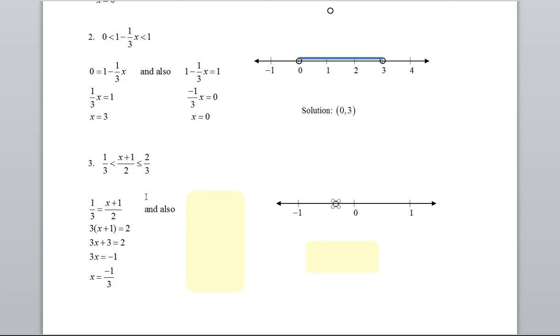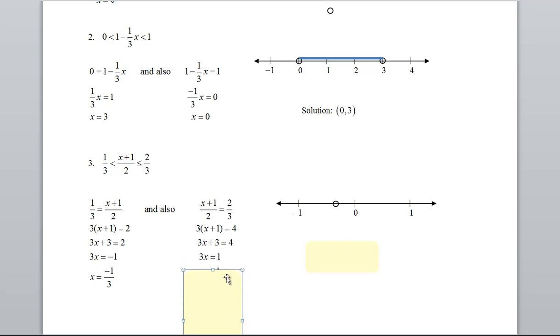Okay. Let's go to the other side. Make that an equals for just a second so I can find out my boundary. Cross multiply, so I'm going to have 3 times that quantity and 2 times 2, which would give me a 4. Distribute your 3. Subtract 3, so I'm going to have 3x equals 1.